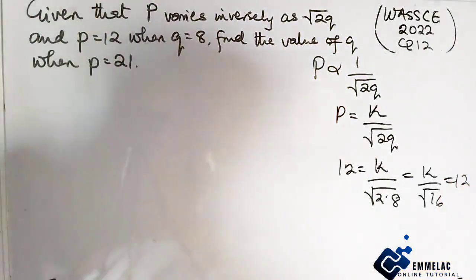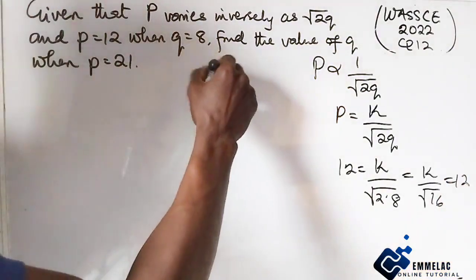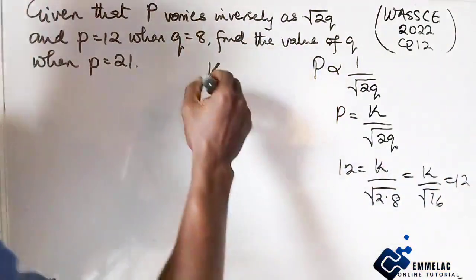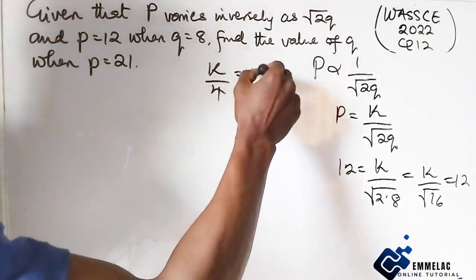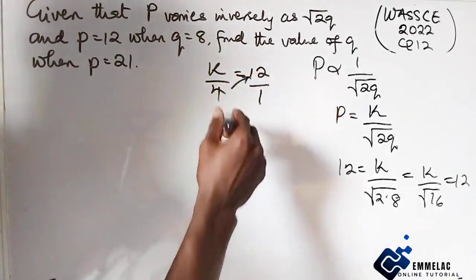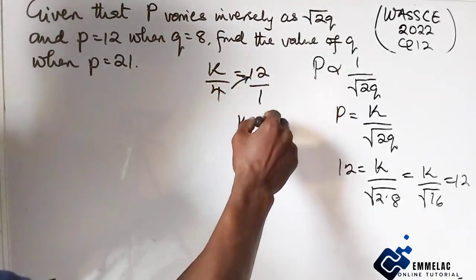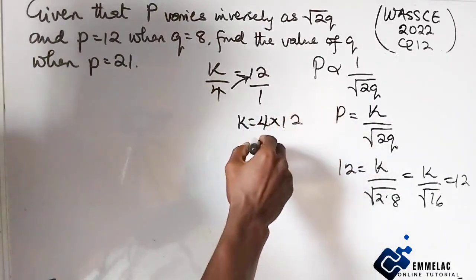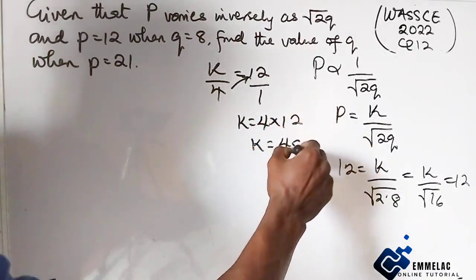The square root of 16 is 4, so k over 4 equals 12. When we cross multiply, k equals 4 times 12. So k will now be 48.